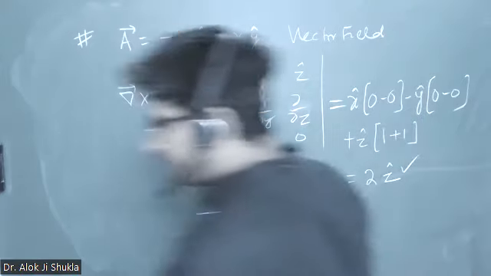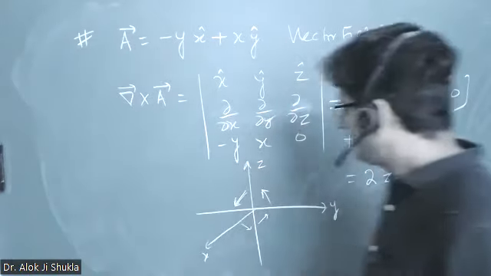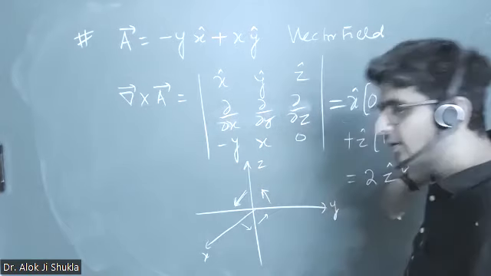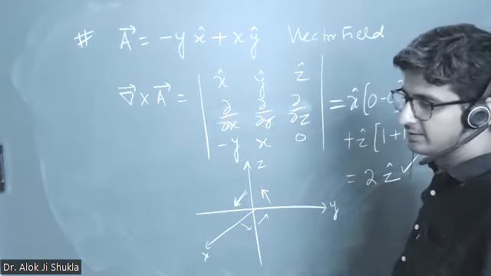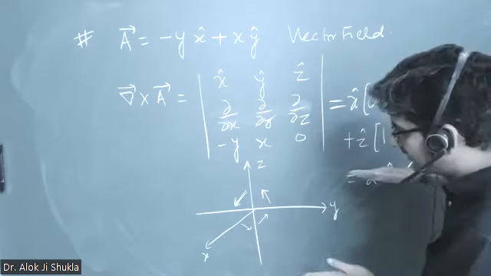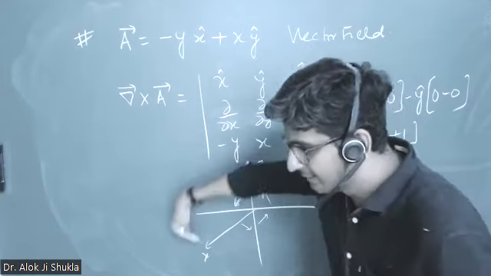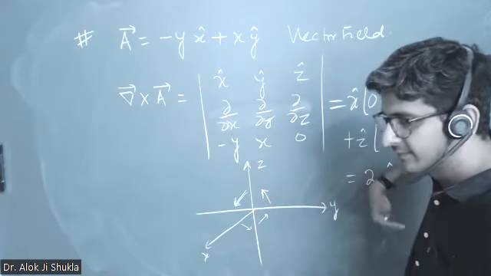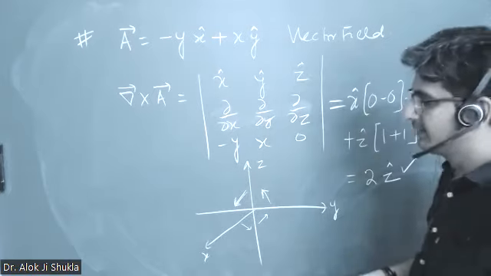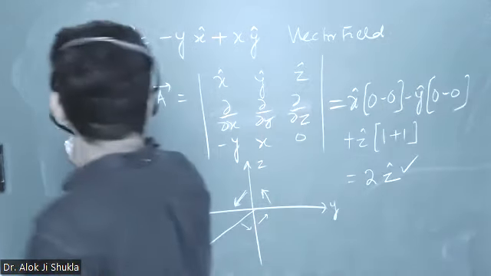Even if a vector is going this side and coming this side, it will also be considered to be rotating. Let me tell you a profile of such a vector.